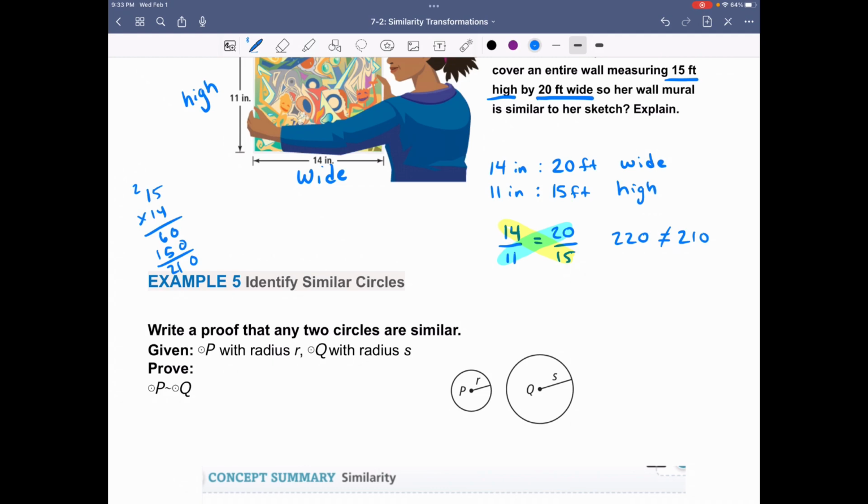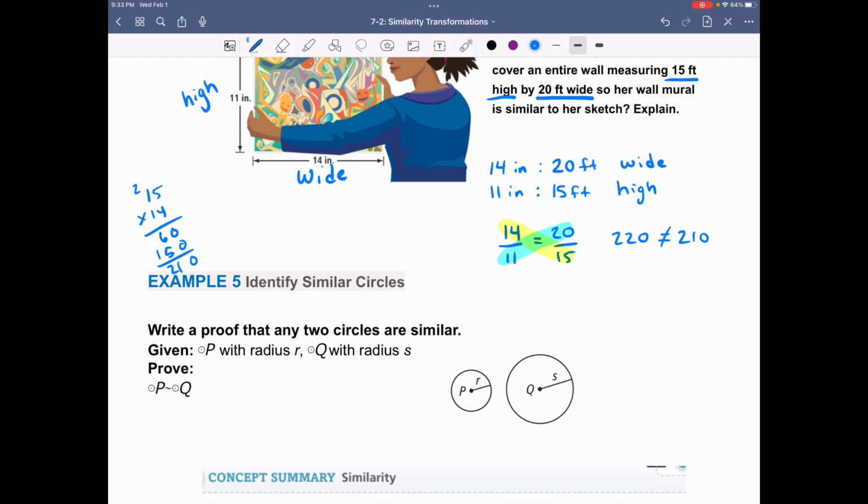Identify similar circles. Write a proof that any two circles are similar given that circle P has radius R and circle Q with radius S. Prove that circle P is similar to circle Q. And what we want to do is compare the radii.